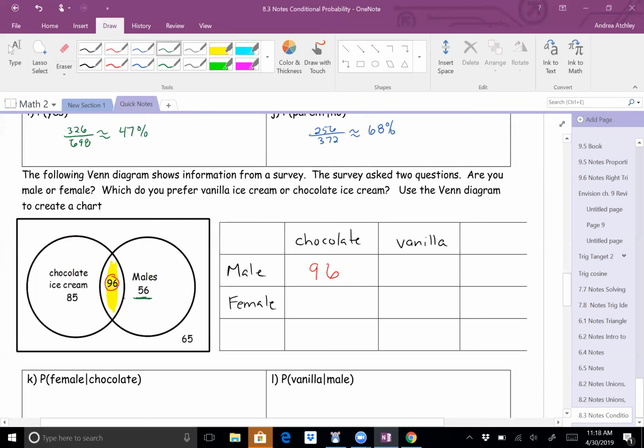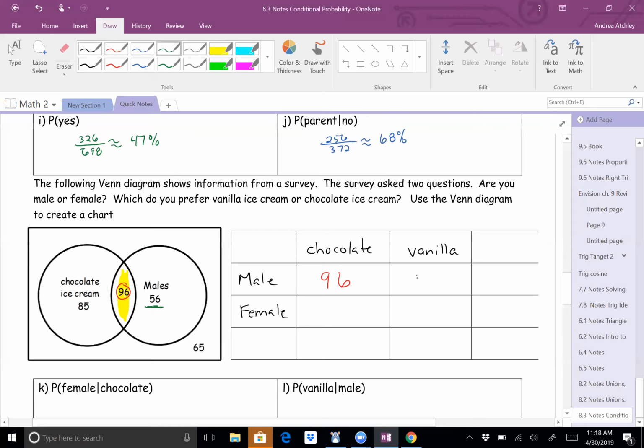They are only in the male circle, so they are only male. They don't like chocolate, so what is their option? Vanilla. So these people are only in the male, and so they like vanilla ice cream. Okay, these people now are only in the chocolate.